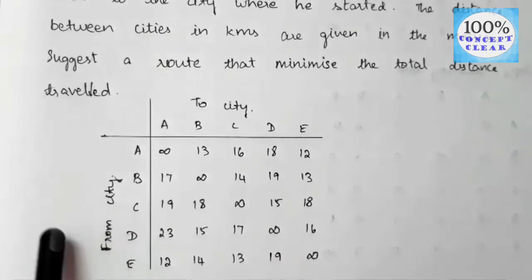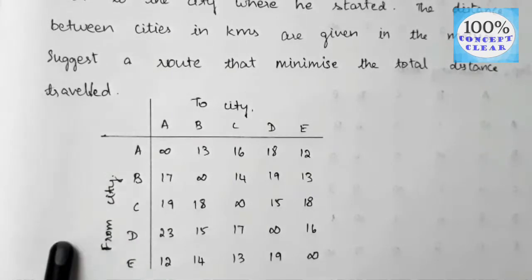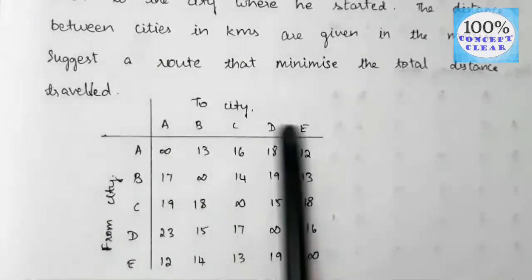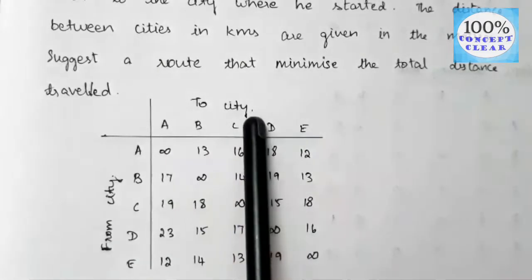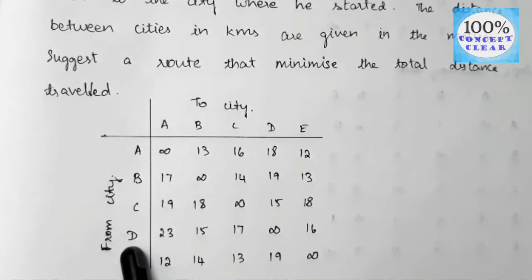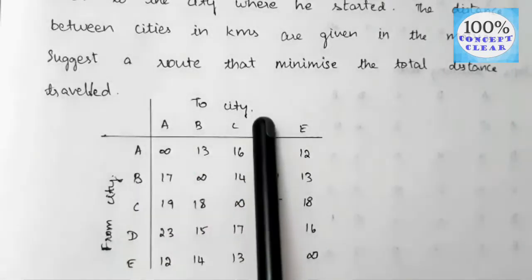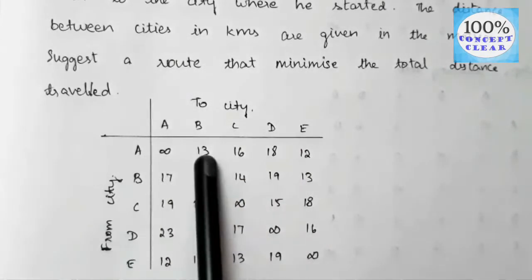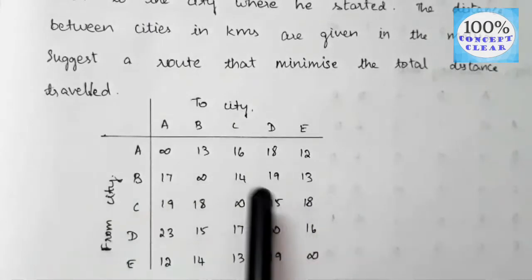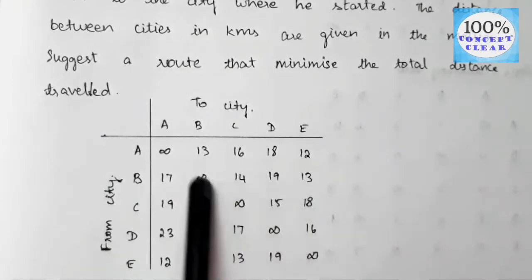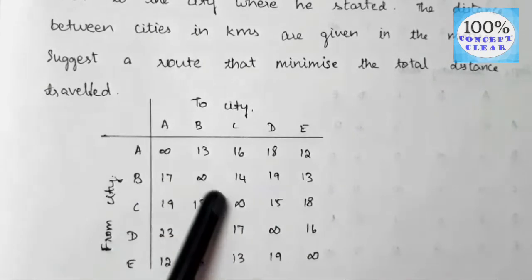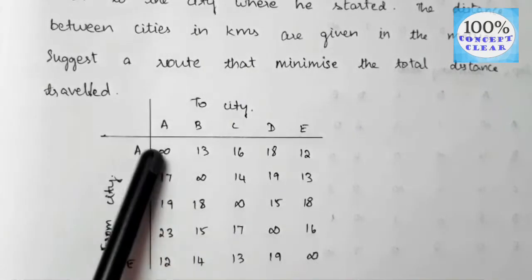Now see the matrix. Here we have 5 cities, that is the from cities, and here we have 5 cities, that is the to cities. That is, the salesman is going to travel from this city to this city. So all these elements represent the distance between cities in kilometers. And see here, all the diagonal cells are infinity.